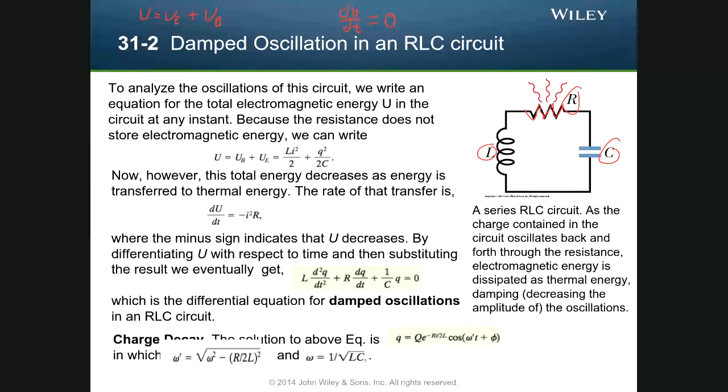Well, if we are losing power thermally, then this is no longer true, and the case that we work with is dU/dt equals minus I squared R. Why is it minus? Because we're losing power, right? Thermal, when we're converting, the energy here is being lost to heat.